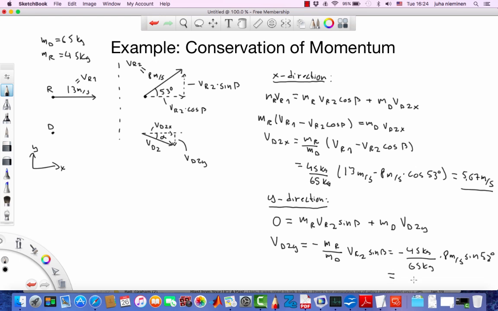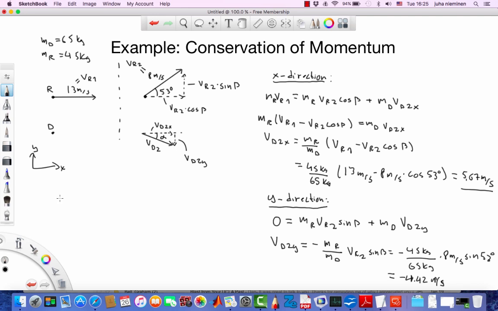And we get minus 4.42 meters per second. So that is negative, so it's downwards, like we already indicated here. And that makes sense because when Rebecca bounces in the positive y direction, to conserve momentum Daniel must bounce in the negative direction.